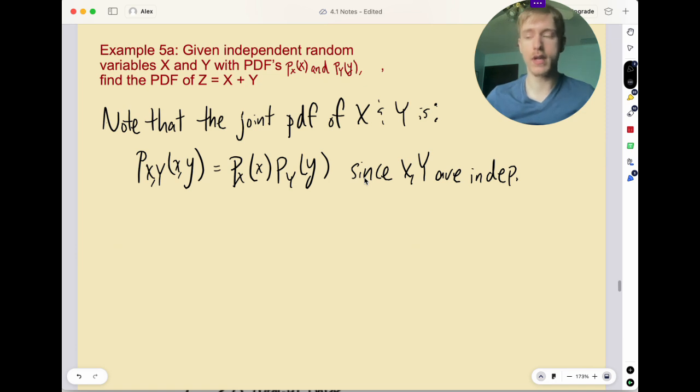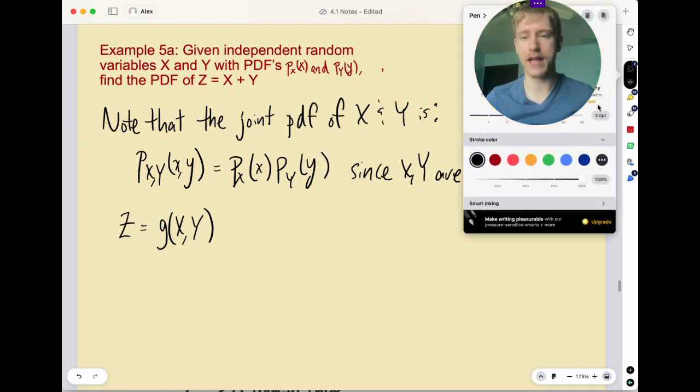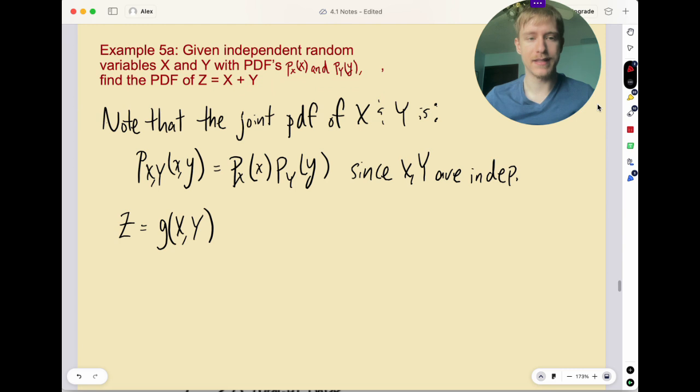Now, what we're also going to do is say that z is a function of x and y. But being a function of x and y, we can replace y and note that since z is equal to x plus y, that implies that y is equal to z minus x.